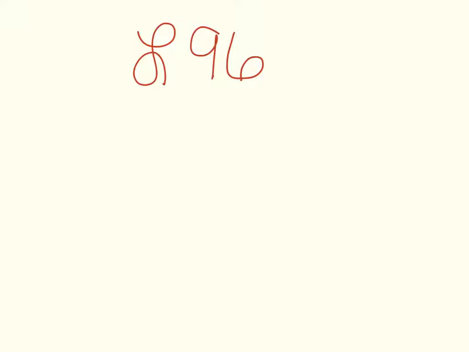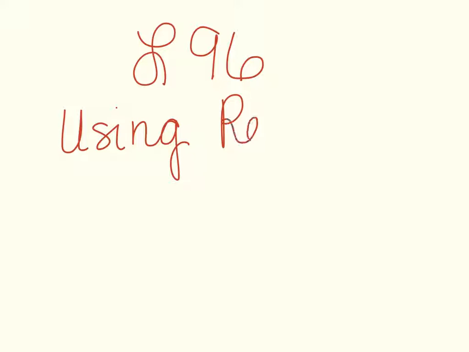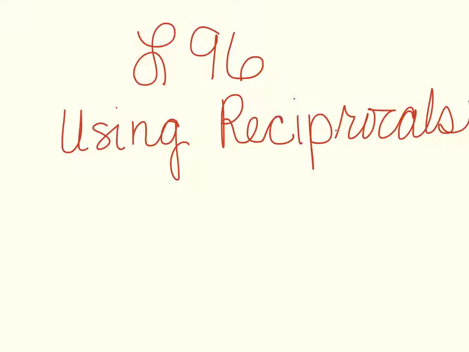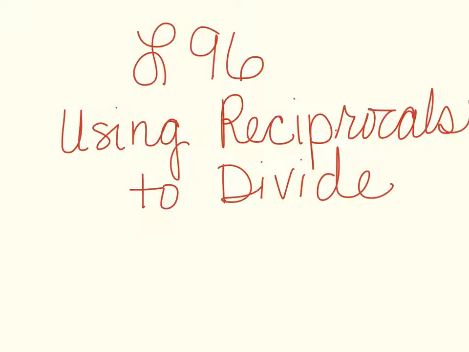This is lesson 96, and this is going directly off of yesterday's lesson with reciprocals. So this is using reciprocals, which remember from yesterday is just a flipped fraction, to divide fractions.